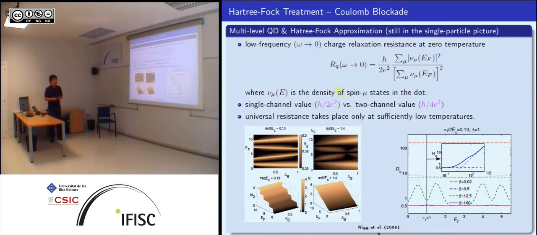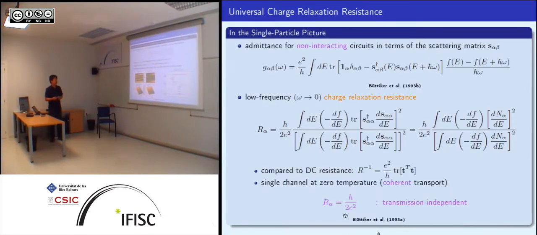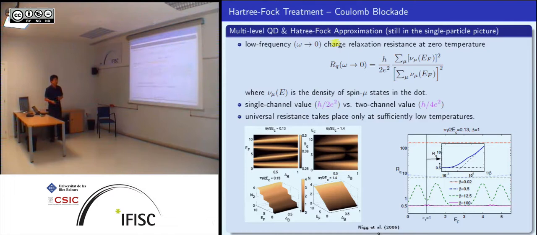Next, recently people introduced Coulomb interaction to see how this value changes. But they used the Hartree-Fock approximation. This approximation does not really take into account the many-body effect. So they obtain almost the same result. They still have the one half resistance here, I mean this one half constant here.